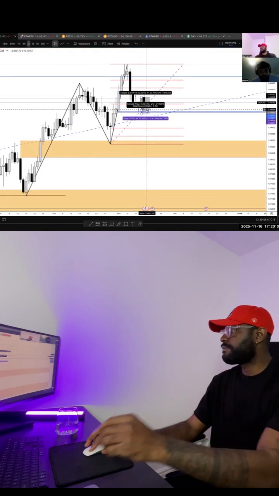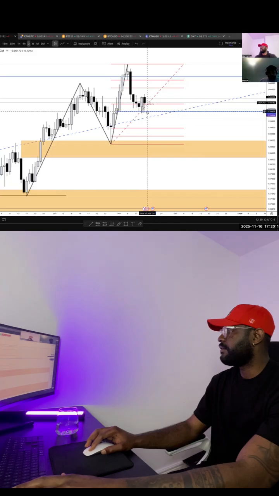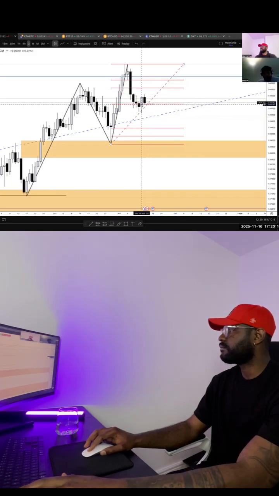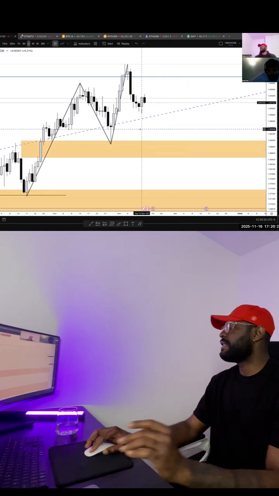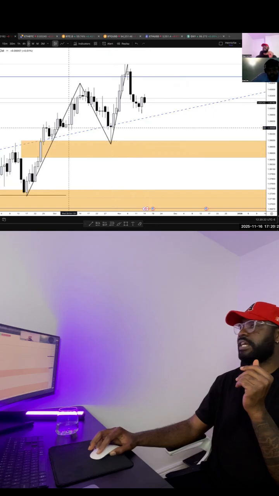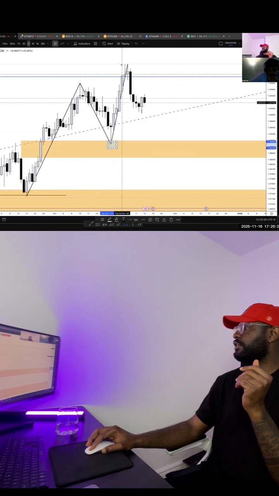And if I remove all these things right here, you can see that we're still within this bullish range low and bullish range high on the daily time frame.